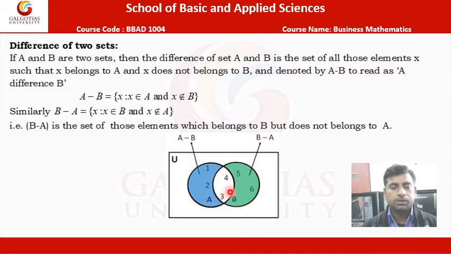A minus B will be the set containing all elements that belong to A but not to B, that is the elements of A which are not common to B. So 1 and 2 will be the only elements of A but not common to B. Similarly, for B minus A, B contains the elements 3, 4, 5, 6, but we write down those elements of B which are not common to A, that means which do not belong to A. So 5 and 6 are the only two elements of B but not belonging to A. This is the definition of difference of two sets.